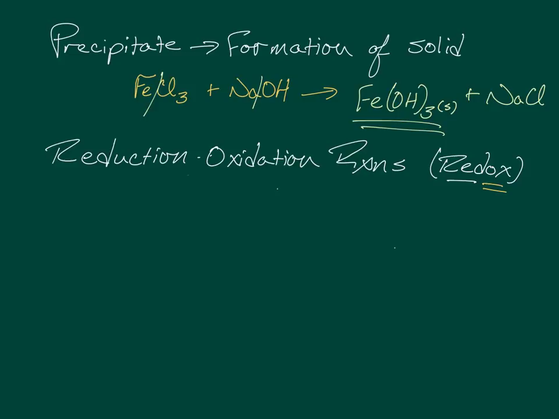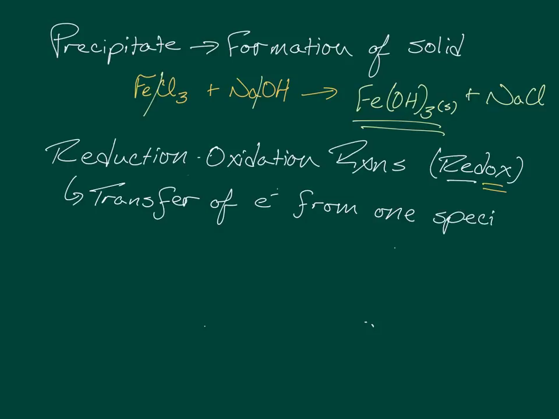Basically, a redox reaction happens because there is a transfer of electrons from one atom to the next. Okay, that's how those work. Well, it's not even from one atom, it's from one species to another.